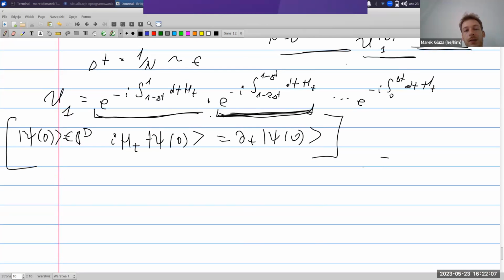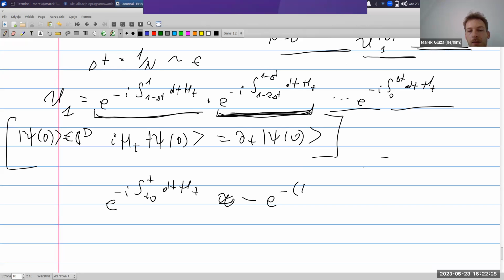Once I have this decomposition into those true continuous evolutions in each step, if I am able to show that e to minus I integral from t0 until t1 of ht dt is approximately e to minus I (t1 minus t0) h of t0, and that the difference is smaller or equal than delta t squared, then we are more or less done, right? So we need some sort of uniform bound on that.